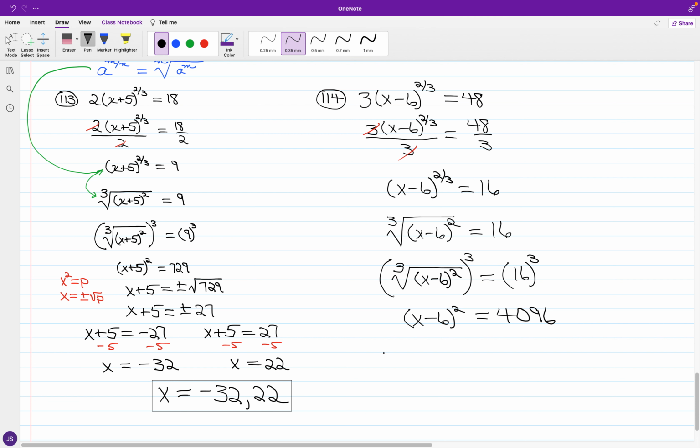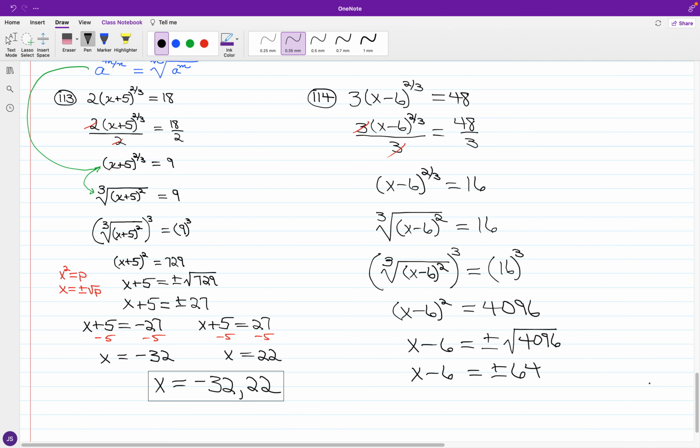And if I apply the square root property of equality to problem 114, the square of x minus 6 lowers to just x minus 6. And to the right, I'm going to have plus or minus the square root of 4,096, and 4,096 has a square root value of 64.